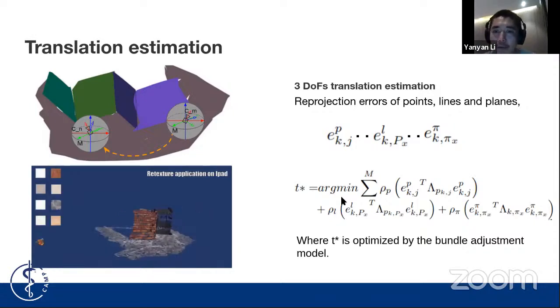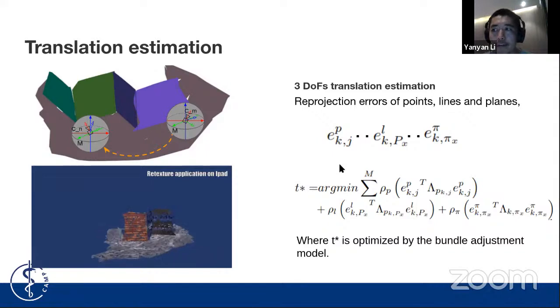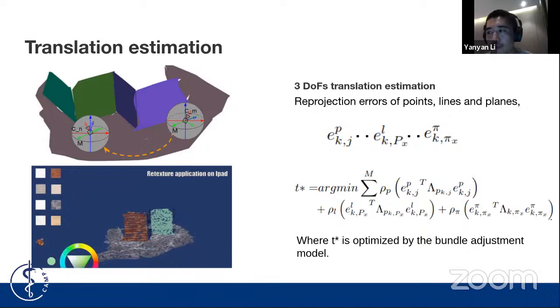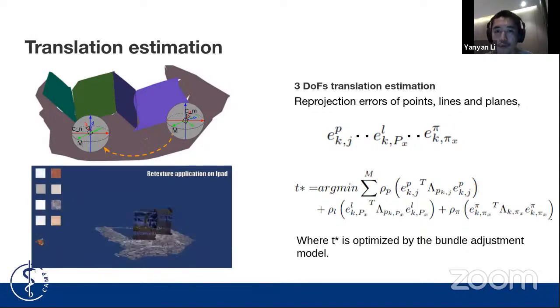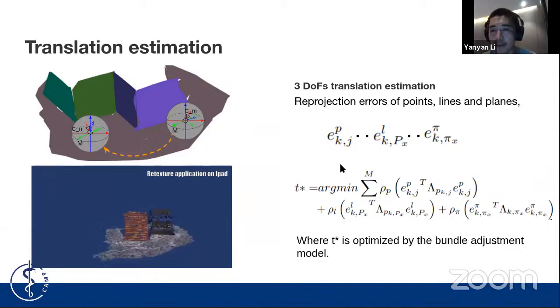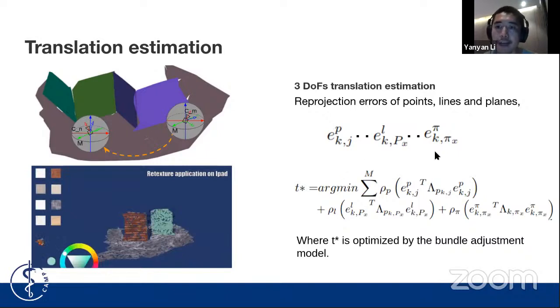Furthermore, in our pipeline, since we decouple 6D pose estimation into rotation and translation, after we obtain the rotation matrix, we will only compute the 3D translation. What's the advantage of this step?